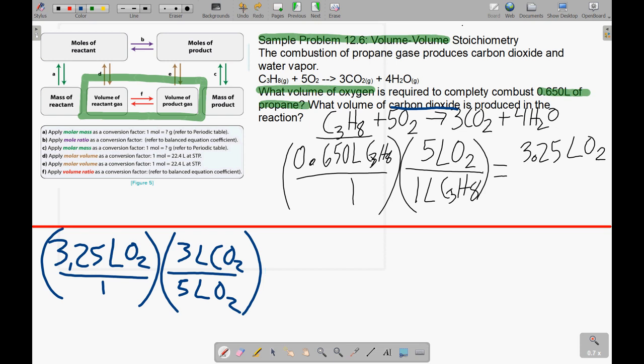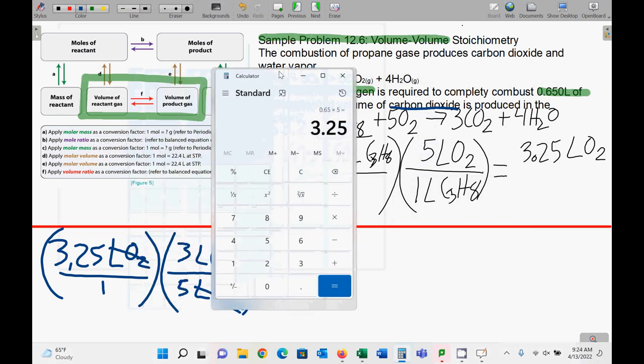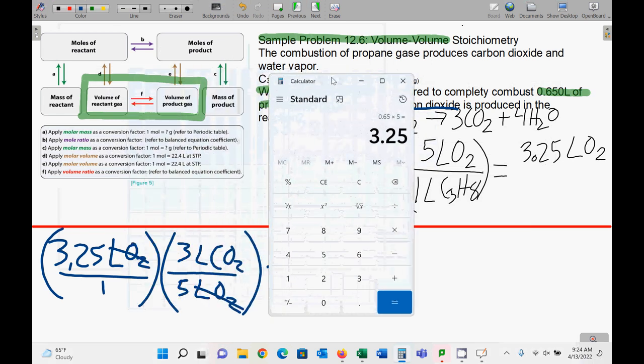And so we're going to say 3.25 times 3 divided by 5. And we find out that we're going to have 1.95 liters of carbon dioxide.